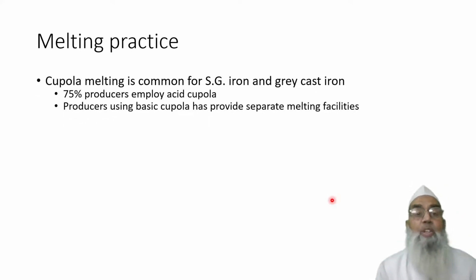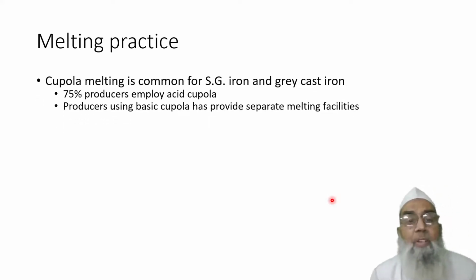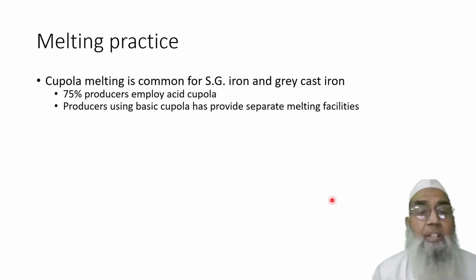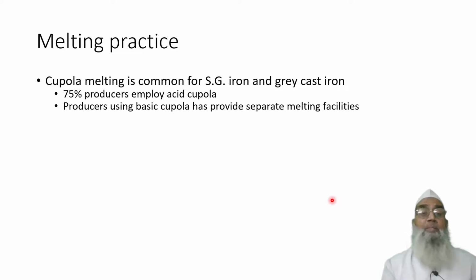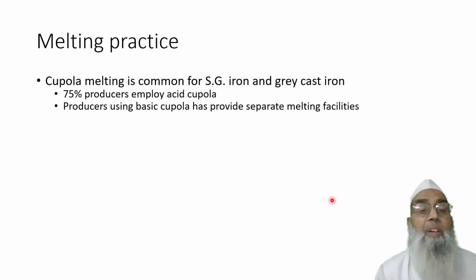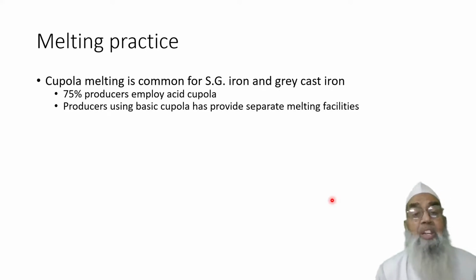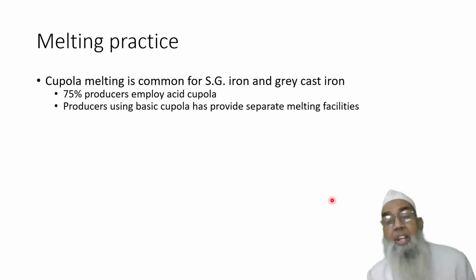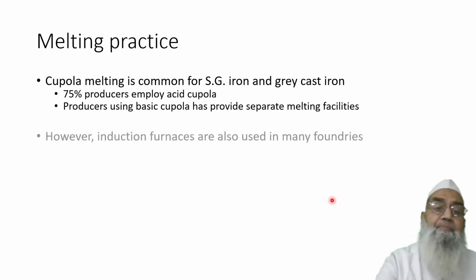Now, what is the melting practice? Generally cupola is used for melting common SG iron and grey cast iron. Cupola is being used by 75% of producers. They employ acid cupola, while the producers using basic cupola have also been provided with separate melting facilities.